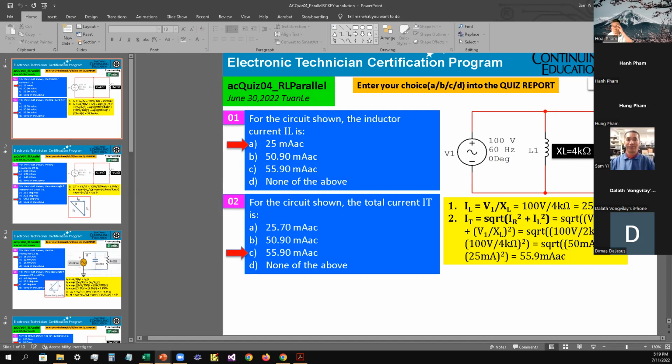So you take IT equals the square root of the quantity IR squared plus IL squared. IR would be 100 volts divided by 2 kilo ohms, quantity squared, and IL is 100 divided by 4K, quantity squared. Once you do that calculation, you should yield about 55.9 milliamps. So the answer is C as in cat for number 2.